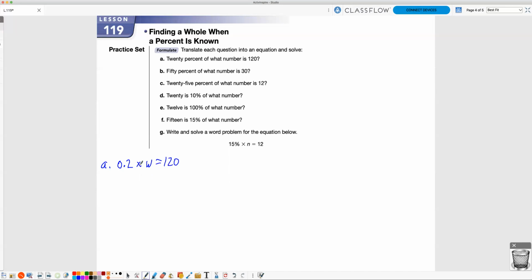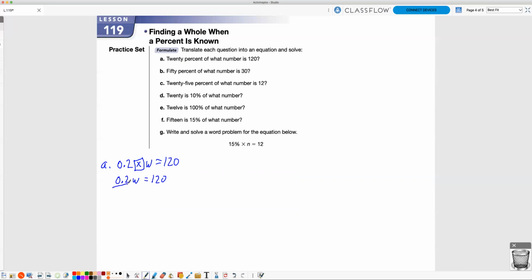And because x can get confused as a variable sometimes, we want to write this like this. 20%, which is 2/10, W equals 120. We normally do not want to write your multiplication symbol as an x, because it could be confused in algebra.